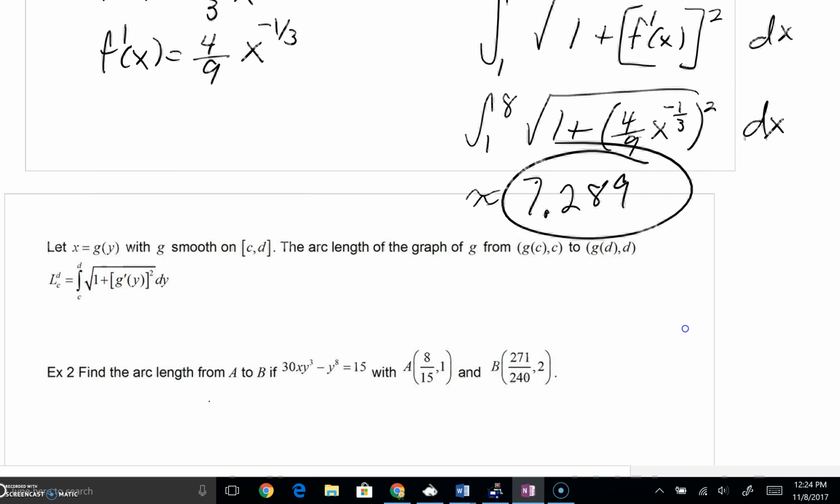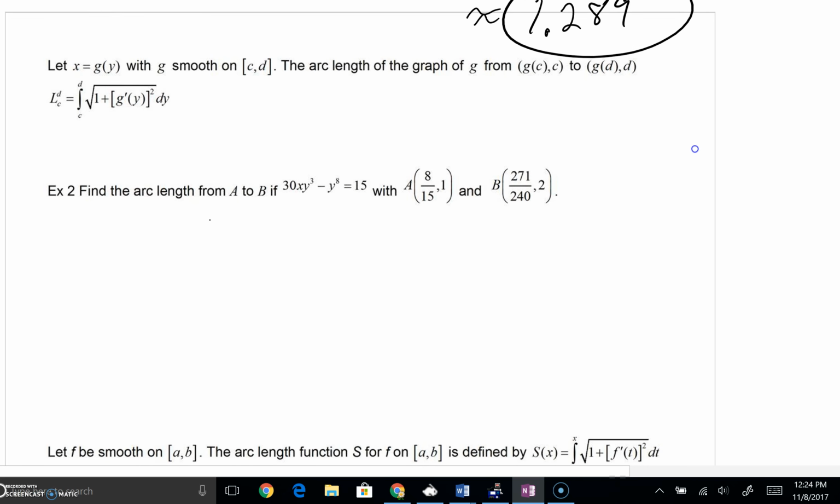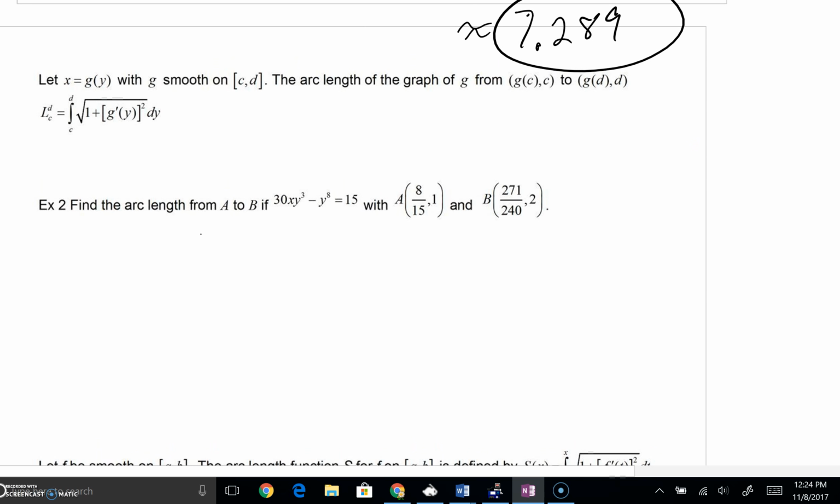Now, what Kunj was asking a moment ago, and this is our last problem, he was saying, what if the equation they're giving you is way easier to express as x equals something?